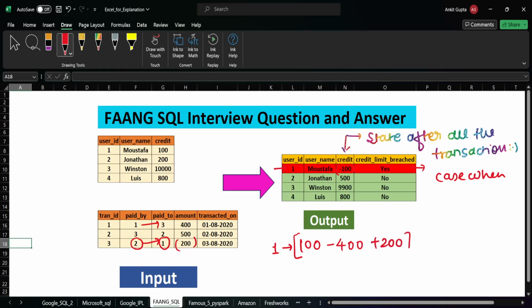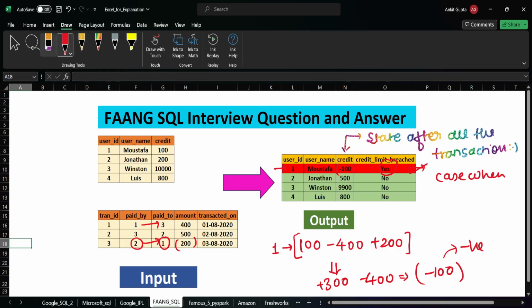So altogether we have only these two transactions and this default balance. If we do the summation, we have 300 positive minus 400 negative, which is nothing but minus 100. Since this is negative, the breached column should be yes. I think this is clear and simple to understand.